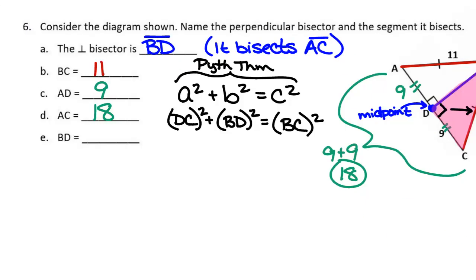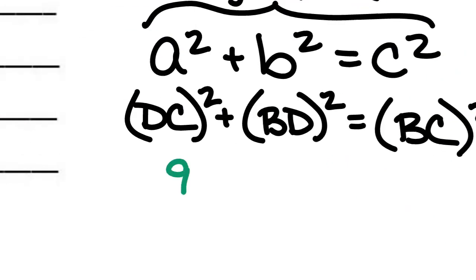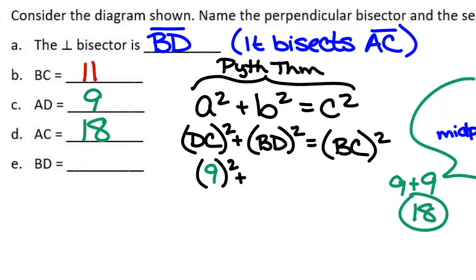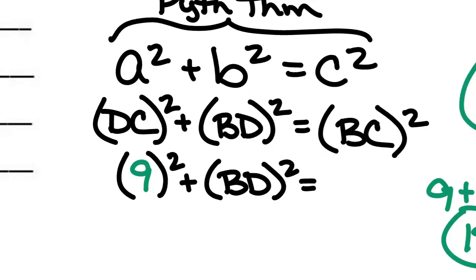Let's start substituting in some numbers here. How big is DC? 9. So I have 9 squared. Do we know how big BD is? Not yet. But we do know how big BC is. BC is how big? 11.